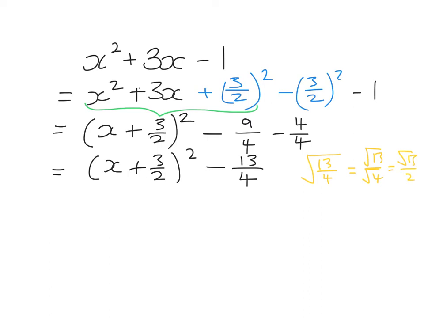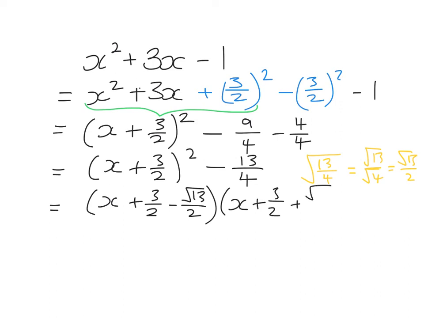And that's what's going to go into our brackets. So we've got x plus 3 over 2, take away the square root of 13 over 2, and we have x plus 3 over 2 plus the square root of 13 over 2. And that is the factorised form of that.